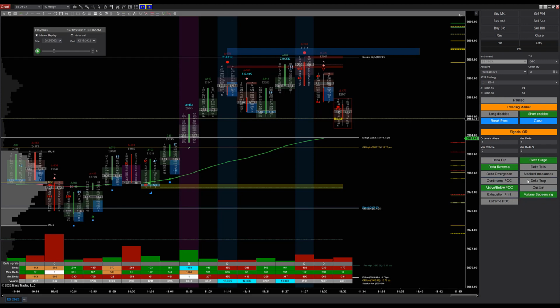So things that you'll often want to be looking for, volume sequencing. You can see here we identified in the footprint chart all of the volume sequencing both up and down. So that's important. Things like stacked imbalances, of course, that would be the kind of thing that you'd want to look for in a continuation of a trend. So keeping that active here might be something that you're focused on.